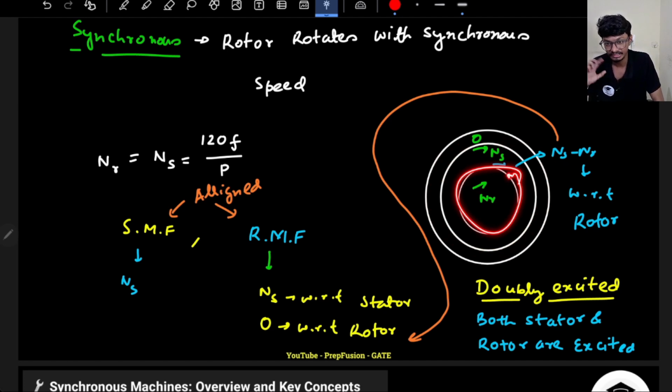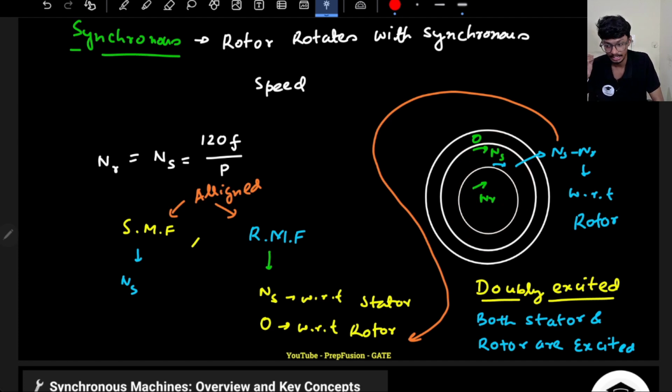The EMF used to get induced by the stator, but here we will actually provide an excitation in the rotor as well. In the rotor I will provide a DC excitation, not AC. Why DC, I will explain. Due to that, a magnetic field will be generated, and that magnetic field will be aligned with the stator rotating magnetic field, and then finally it will rotate. So this is the crux of the synchronous machine.